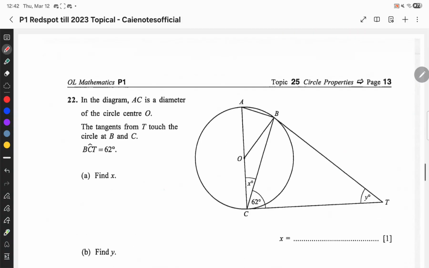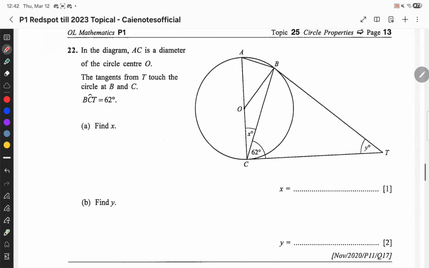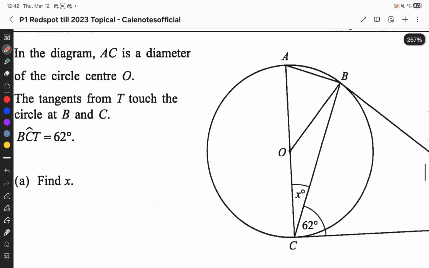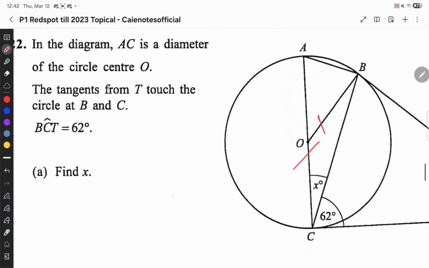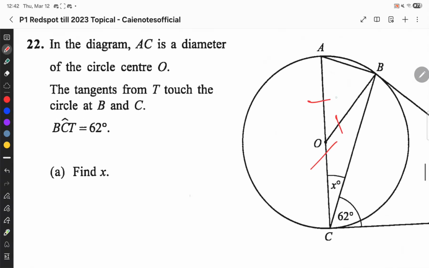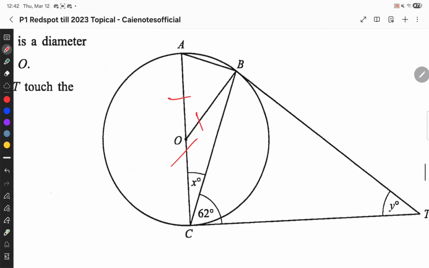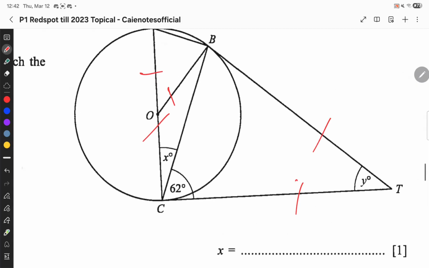Okay, let's remove this. Nice. Find the angle of x. Right off the bat we find these two isosceles. Damn. Okay, tangents, thus another isosceles. Wow. Okay, so we can find the angle of y, then we can find angle BOC, then we can find the angle of x, and boom, everything comes together like a family. 62. 180 minus 62 minus 62 is equal to 56.